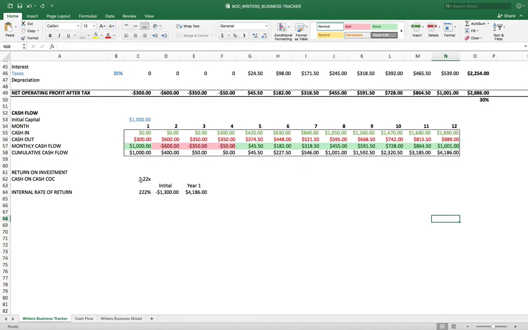The other measurement is called IRR, or internal rate of return. This brings in a time function. So this is really what we should be thinking about more often: what's the time value?